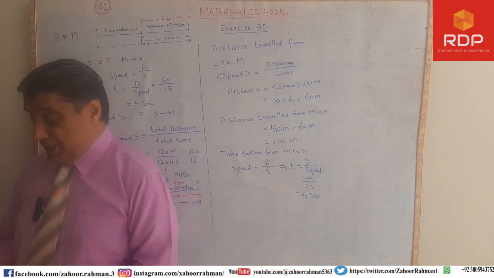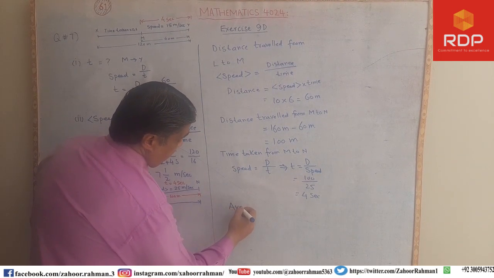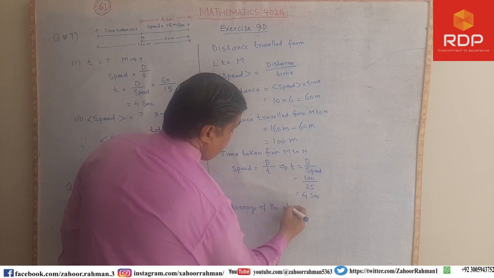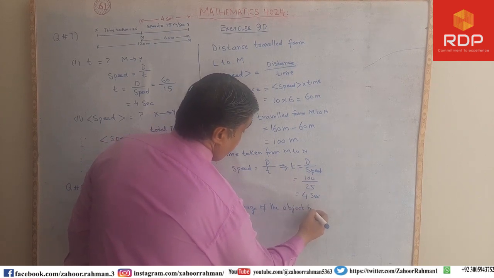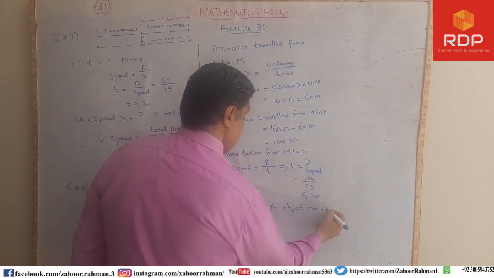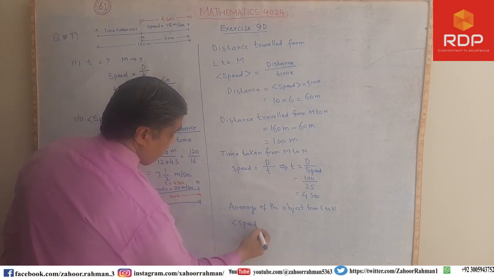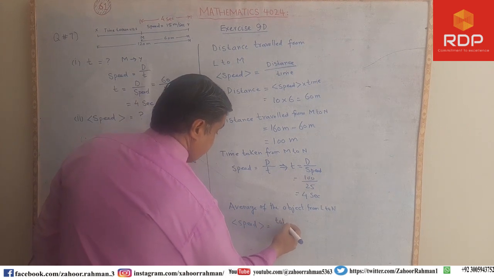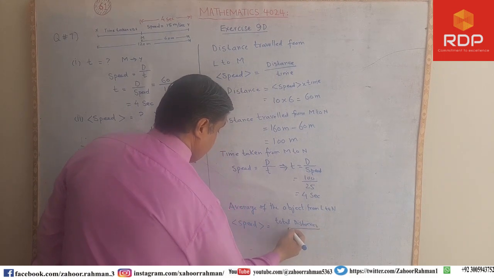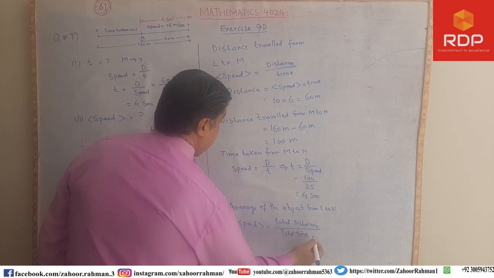So the average speed of the object from the beginning to the end, from L to N. We have to write average speed is total distance covered divided by total time taken.